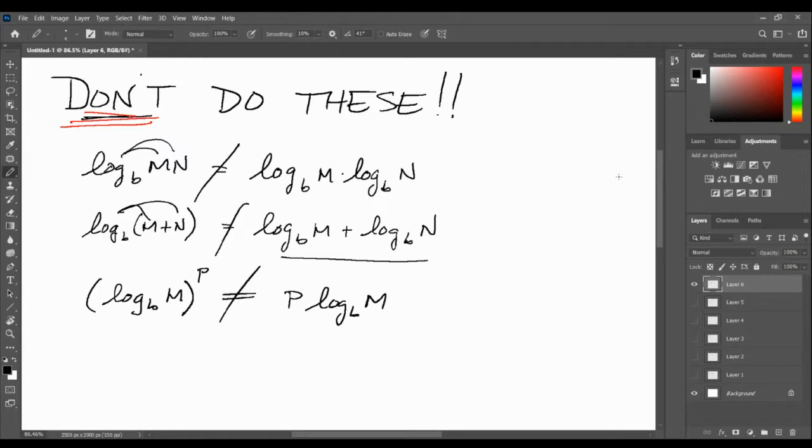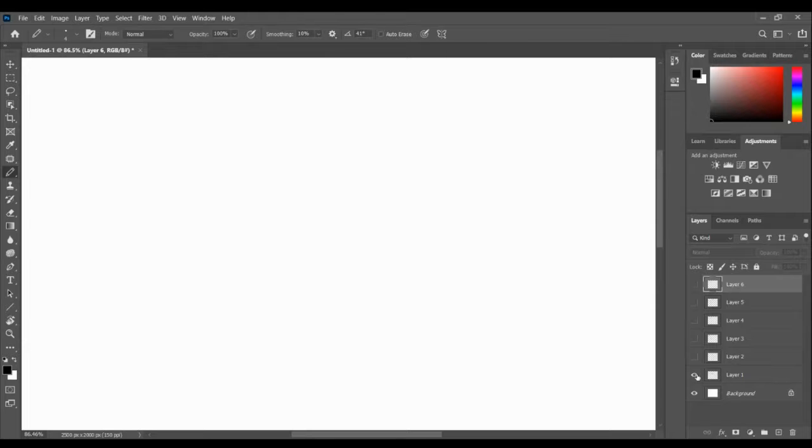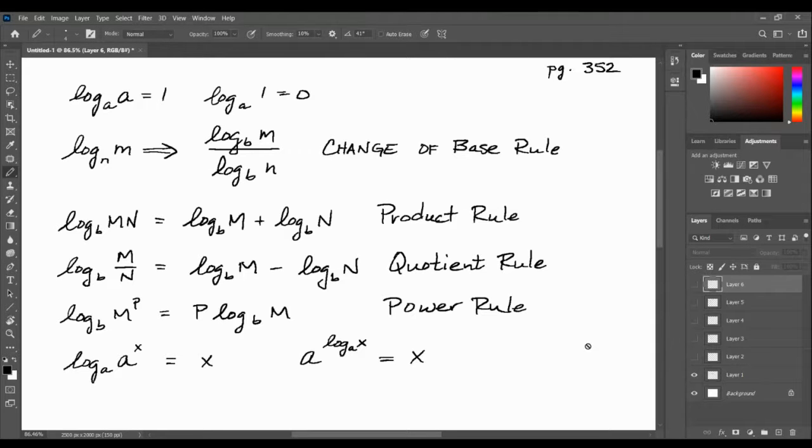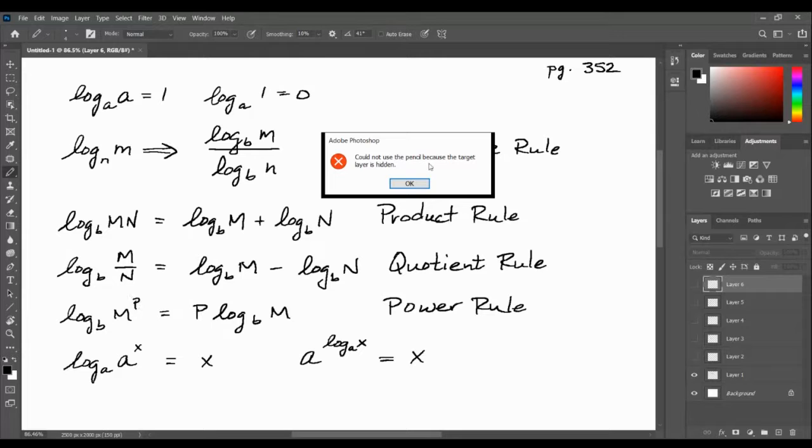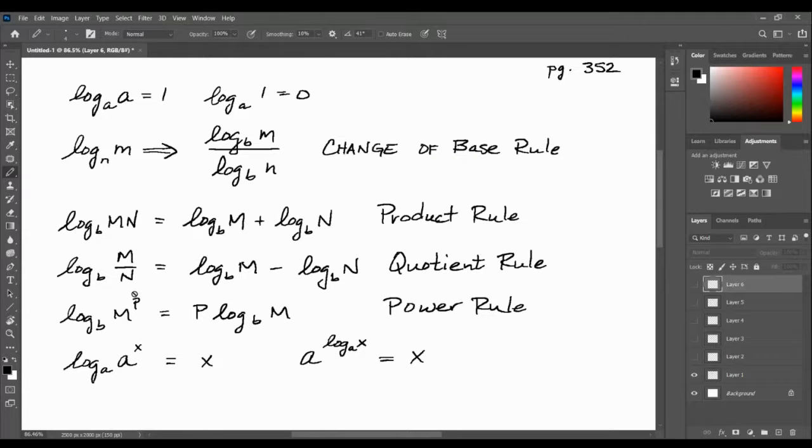I'd hate to see you run into the same problem that some former students have. Sometimes I hesitate even showing that because I don't want you to have that stuck in your mind. So let me bring back these proper uses of the rules. Here the exponent is on the argument, and so the power rule applies.